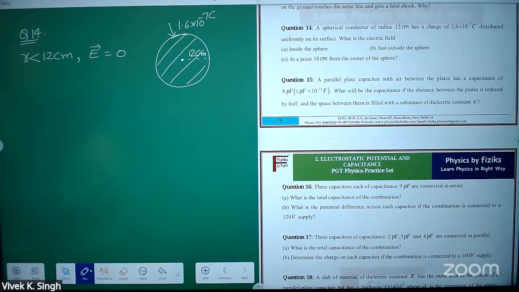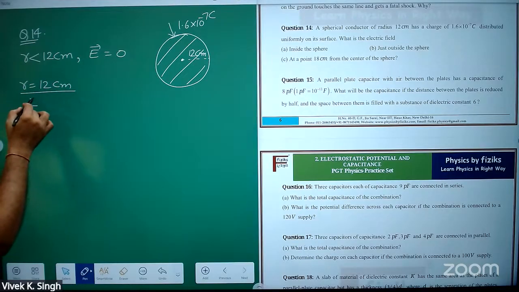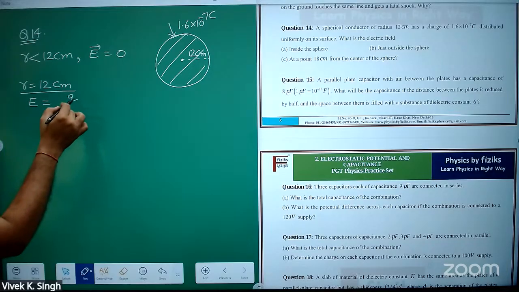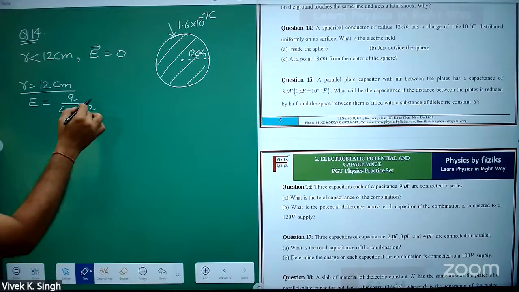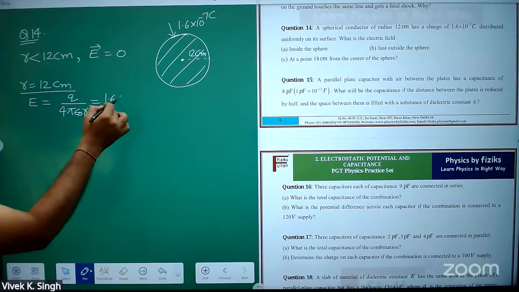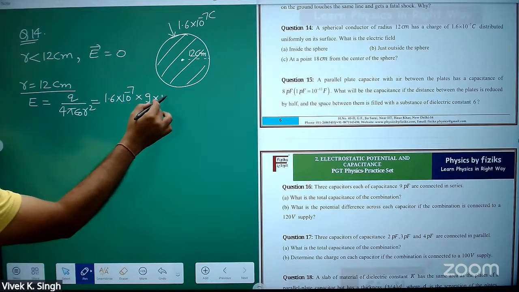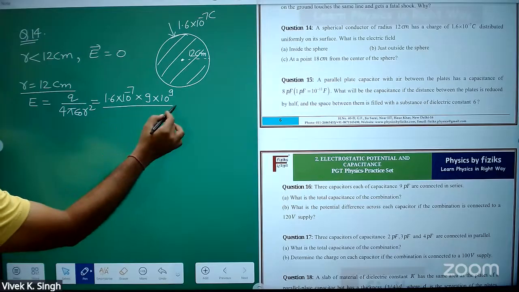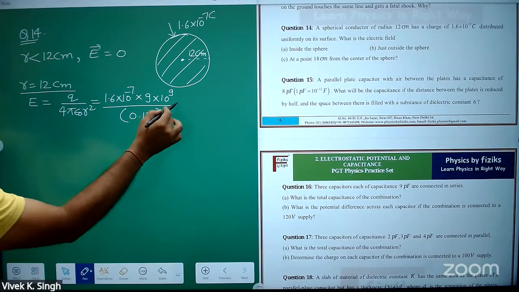And what will be the electric field just outside the sphere? So at r equal to 12 centimeter, this electric field is given by Q by 4 pi epsilon naught r square. So this is 9 into 10 to power 9 times 1.6 times 10 to power minus 7 divided by 0.12 whole square.